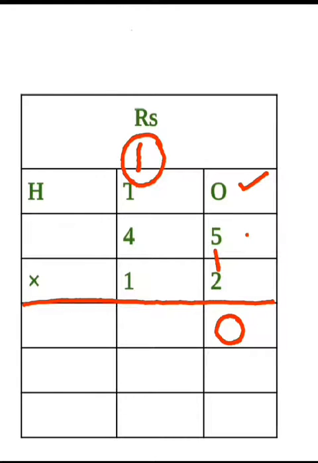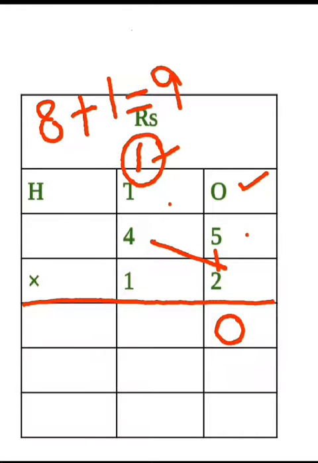Now children, in the tens column we have 4. So 2 will be multiplied by 4. So 2 fours are 8. But children, 4 already has a carryover. So we are going to add this carryover with 8. So 8 plus 1 is 9. So we will write 9 in the tens column.